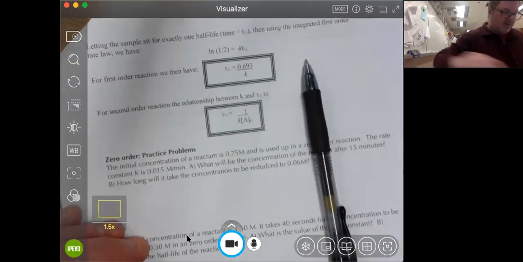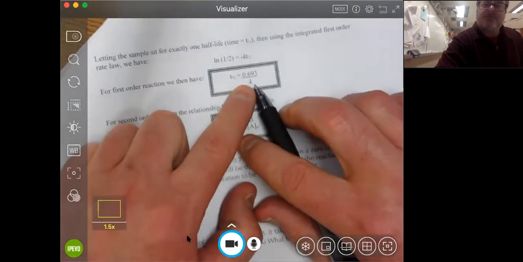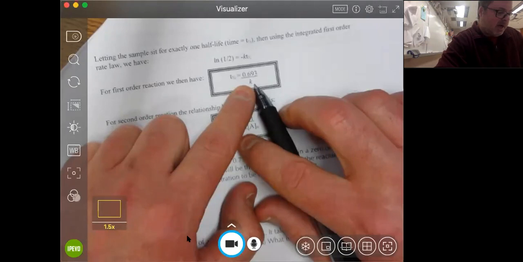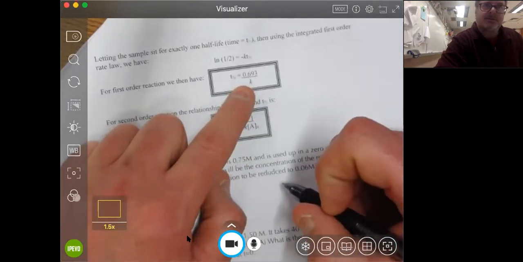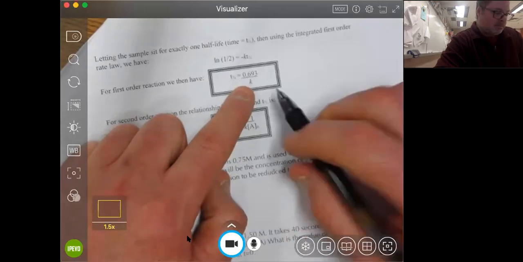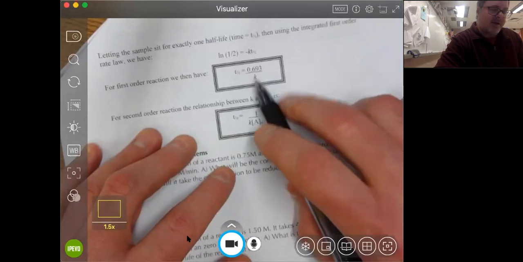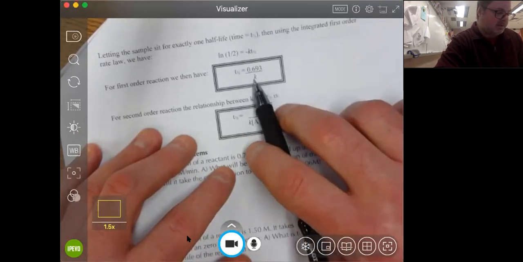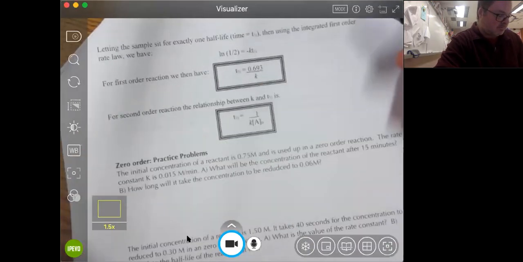So that tells us that for first order reaction, it does not matter what the concentration of the sample that you had to begin with is. You just take 0.693 divided by the K, the rate constant, and that will give you the half-life.